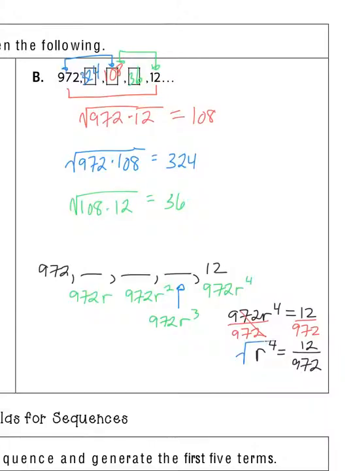Then I would want to take the 4th root of both sides in order to get my answer. So my r is going to turn out to be 1/3.